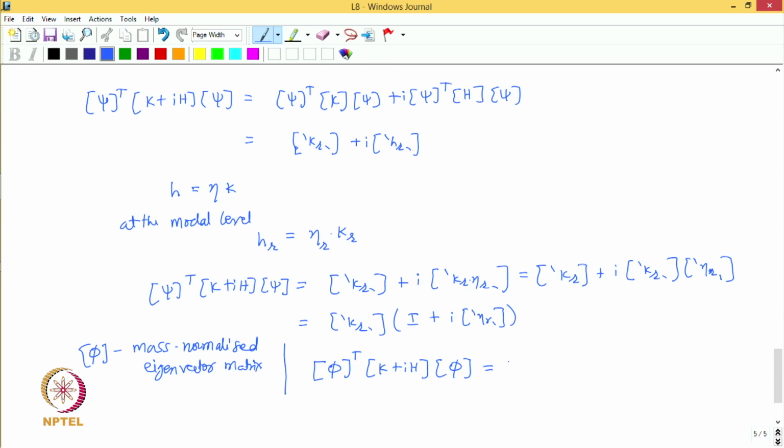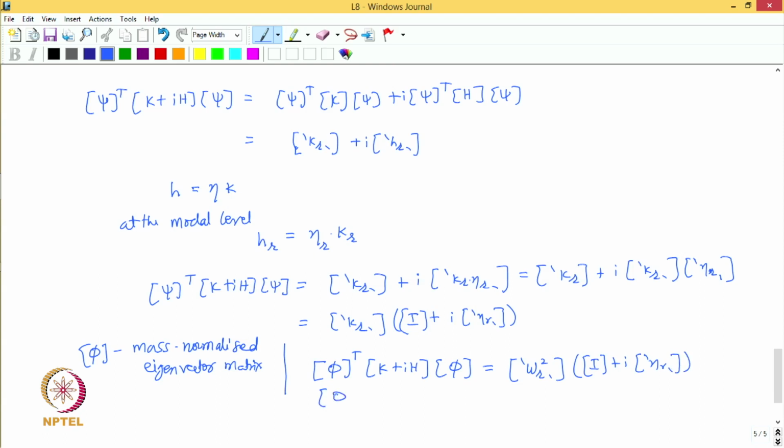So, we can write that matrix as ωr² times the square bracket matrix, I plus i ηr.